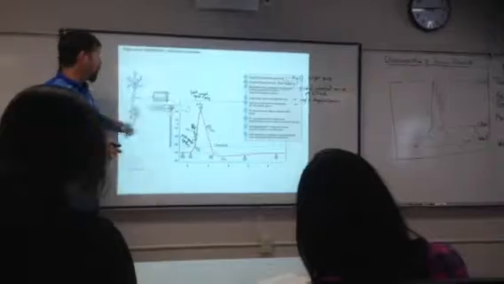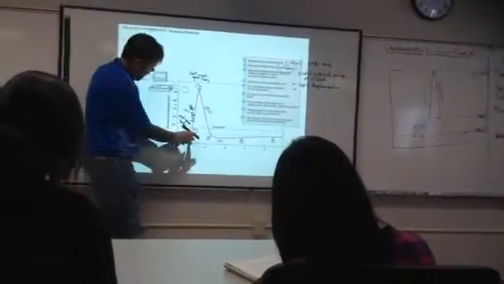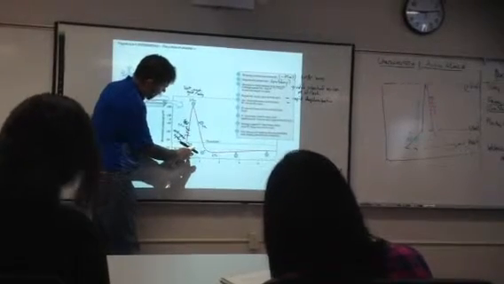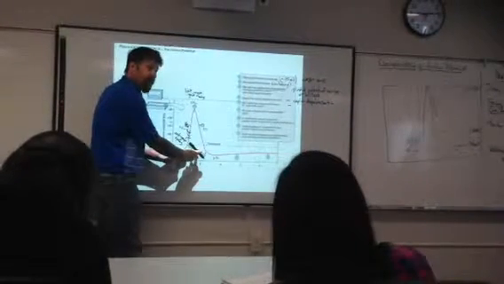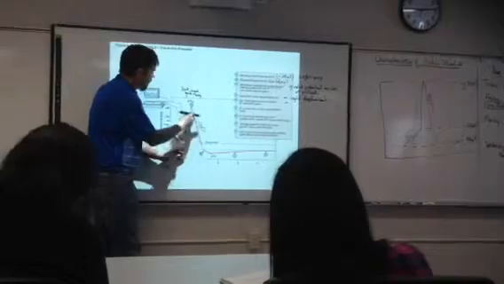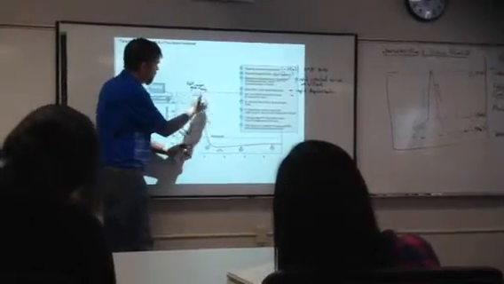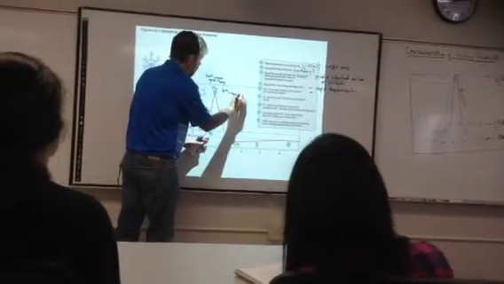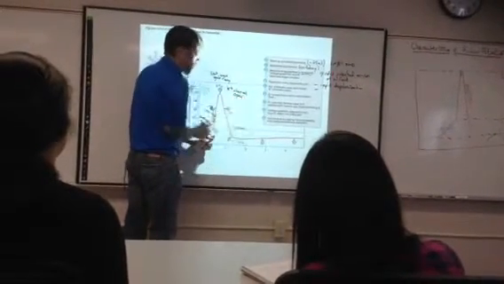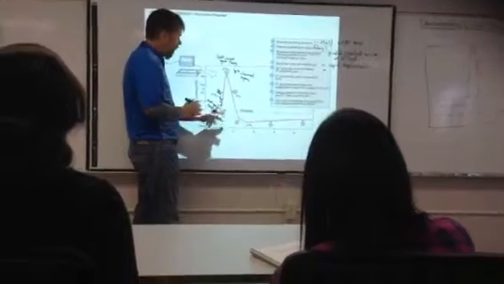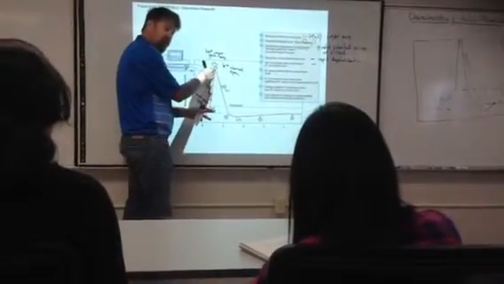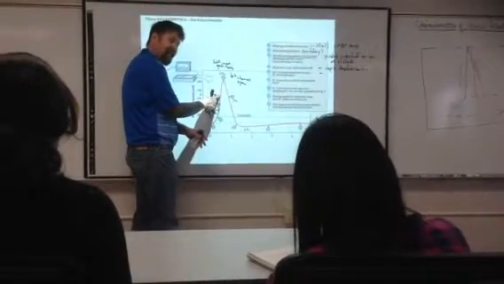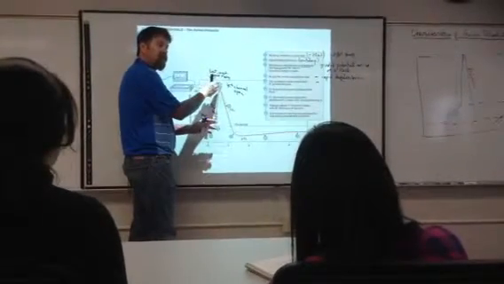But notice it took about this much time for sodium channels to open, but it takes that much time for potassium channels to open. So about the time that the sodium gate closes, the potassium channel is now fully open. So as a result, we have no more sodium flux. Here, sodium influx exceeds potassium efflux, so you depolarize.